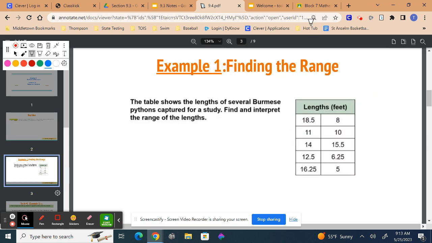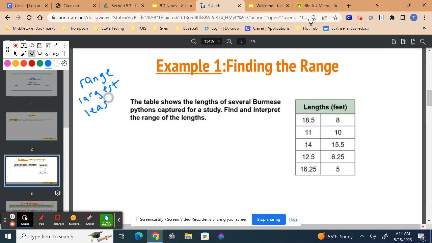So here is finding the range. The table shows the lengths of several Burmese pythons captured for a study. Find and interpret the range of the lengths. What did we just say range was? You're finding the greatest value and the least.